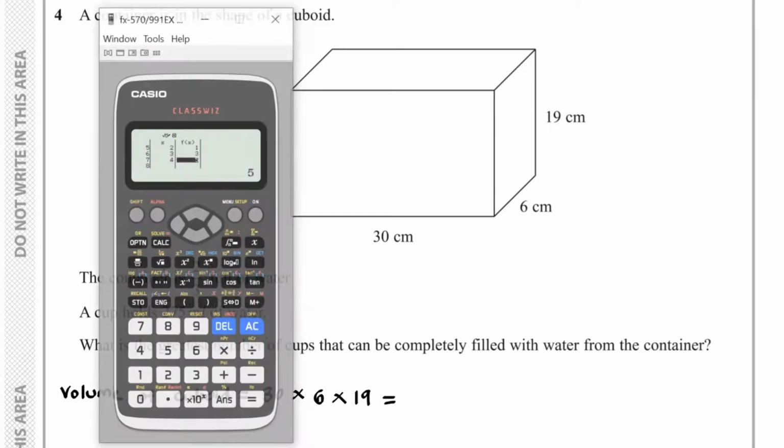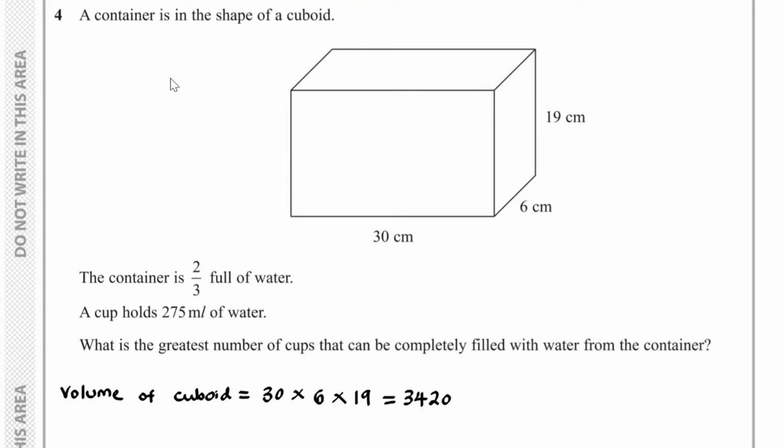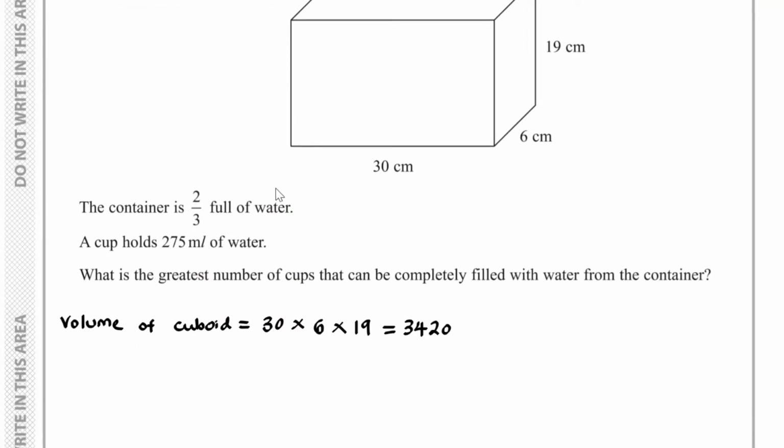If we work out the volume, 30 multiplied by 6 multiplied by 19 turns out to be 3420. Now, the container is 2/3 full of water, so we can find out the volume of water we have.